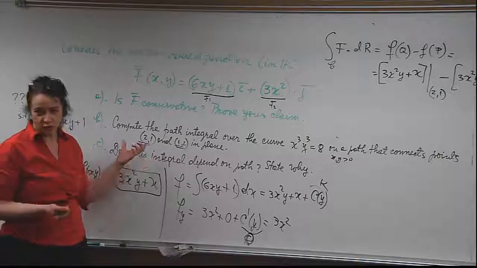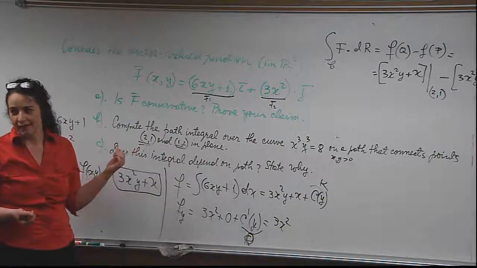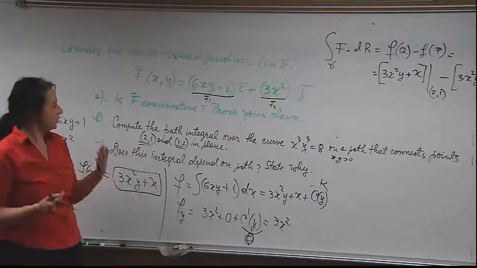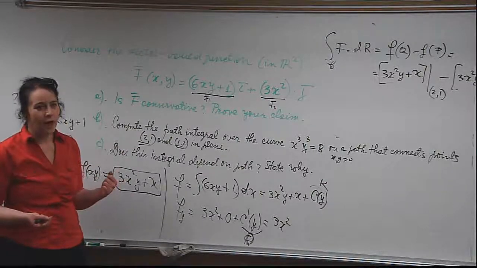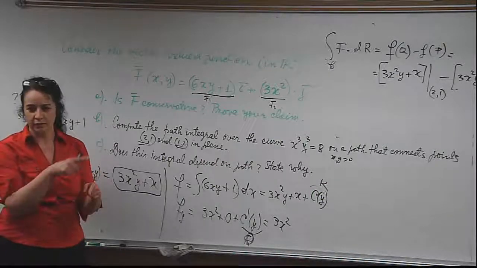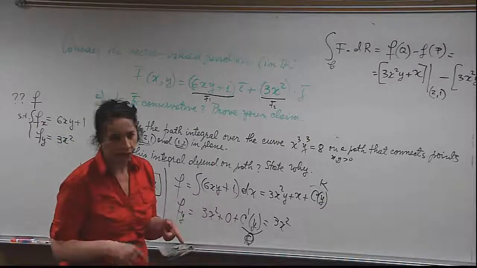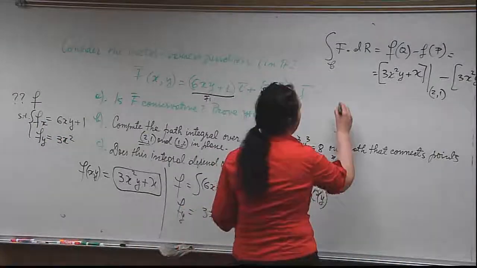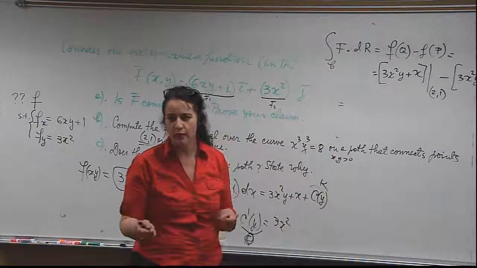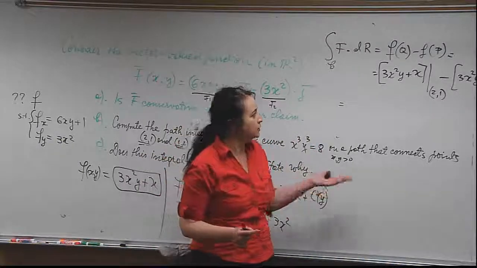Where do you start? How do you handle this problem? Depending on the direction, pick one. The direction you move along the arc is up to you. And then you get an answer, and if you change the direction, what's going to happen to the integral? It's just going to change the sign, and that's all.